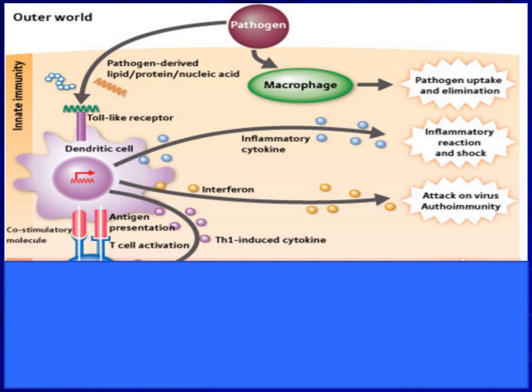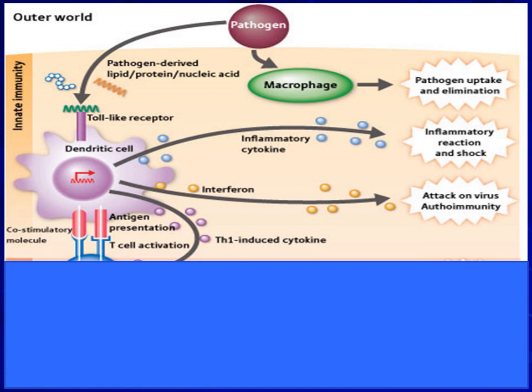In the innate immunity, the dendritic cell or antigen presenting cell or phagocytic cell, by means of toll-like receptors, once the pathogen enters the body, it will be taken up either by the dendritic cell or by the macrophage. This macrophage or dendritic cell will process it, and it may be eliminated from the body, or if the microbial agent is able to defeat the phagocytic activity, it is responsible for the setting of the inflammatory process.